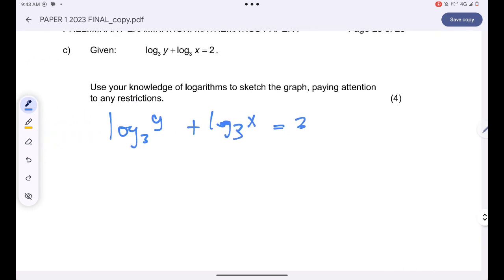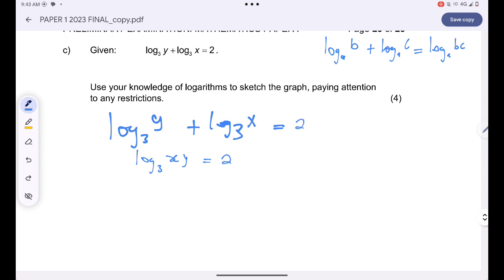There's a rule, guys, in logarithms that simply says if ever you have log b base a plus the log of c base a, this can be written as the log of b times c base a. Are you together? So I can simply say this is just the log of y multiplied by x, or I can say x times y base 3. That's just equal to 2.